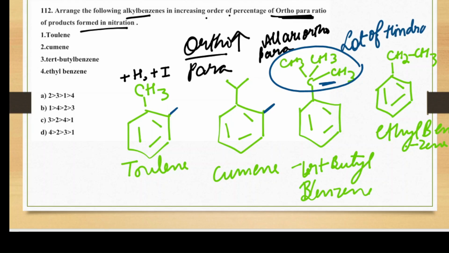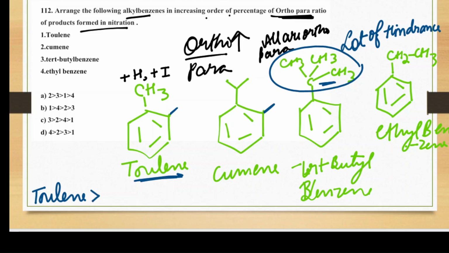So the preferential attack will be at the para position, and the ortho amount will be lesser. We want the species in which the ortho product is the major one, that is, the molecule with the least hindrance from the substituent, which is toluene.